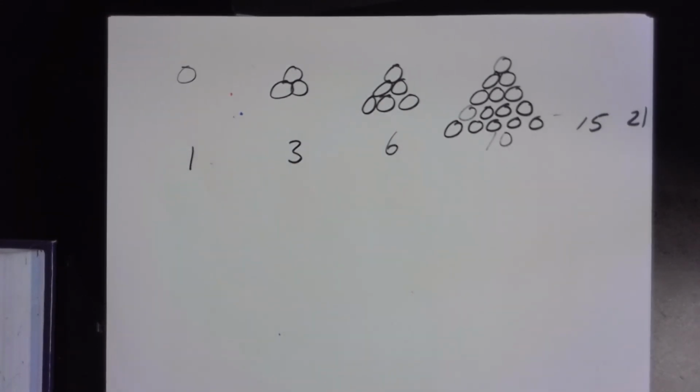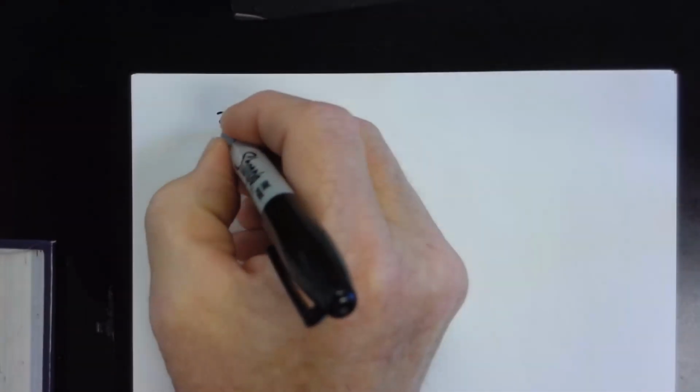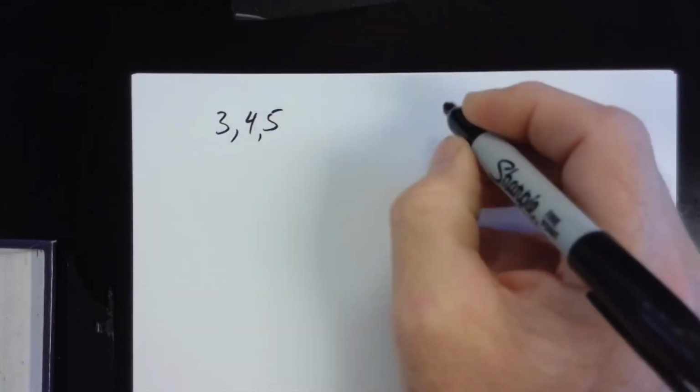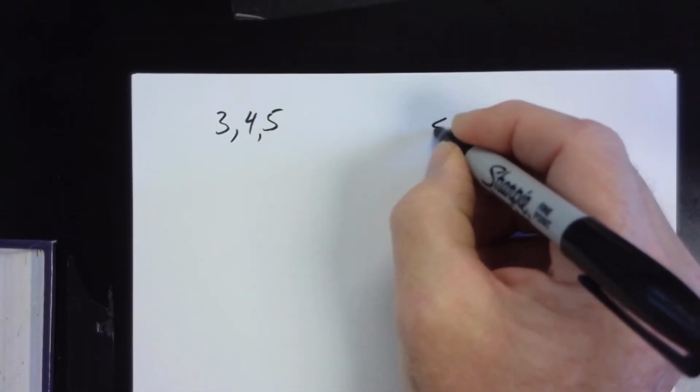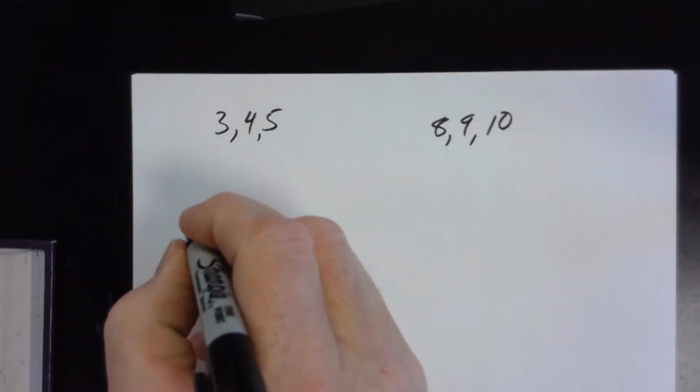So here's example 2 at the top of the next page. A number such as 3, 4, and 5 are called consecutive integers. 3, 4, 5 are consecutive integers. 8, 9, 10. Those are 3 consecutive integers.